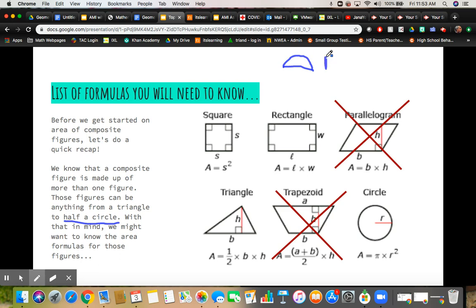Its area is just going to be equal to the total area of a circle, which is pi times r squared. And since a semicircle is only half of a circle, then I only want to know what half of that area is. So I can just say that's all of that divided by 2. So a half circle, its area is equal to pi times radius squared divided by 2.